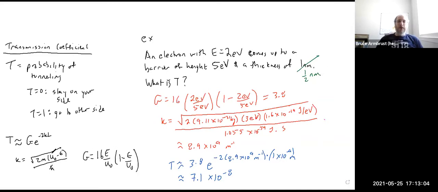So notice that nothing here changes with K. Nothing changes with G. The only thing that changes is this gets cut in half, right? So now this is 0.5 times 10 to the minus 9. Well, if you run the numbers on that, you get 5.2 times 10 to the minus 4.